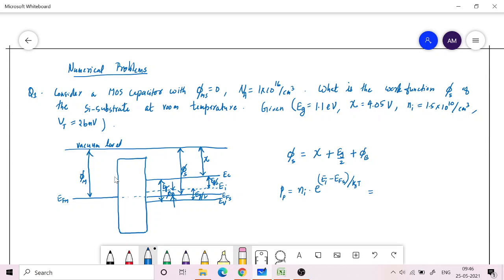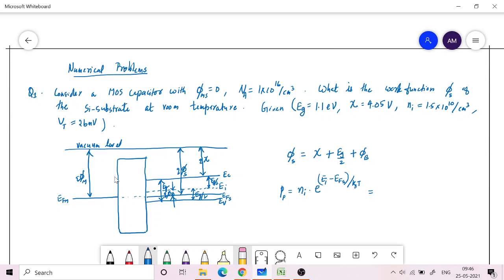This Ei minus EFS I can write as q into phi b. This is all energy band diagram, so I need to multiply everything with q to get the energy. All the phi's are basically voltages.